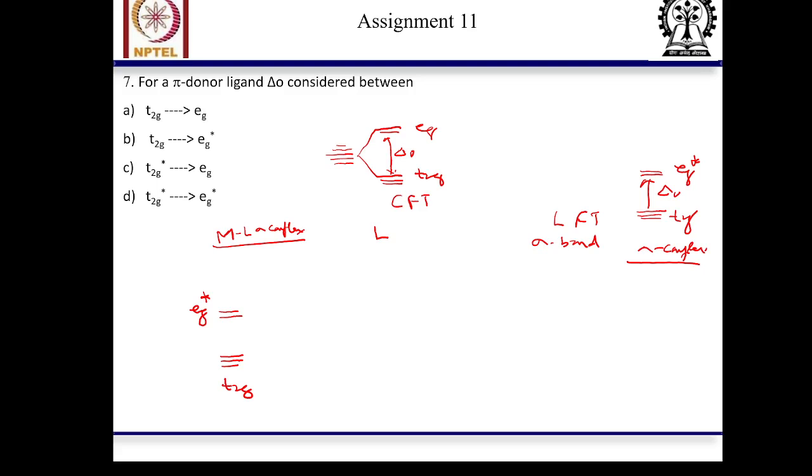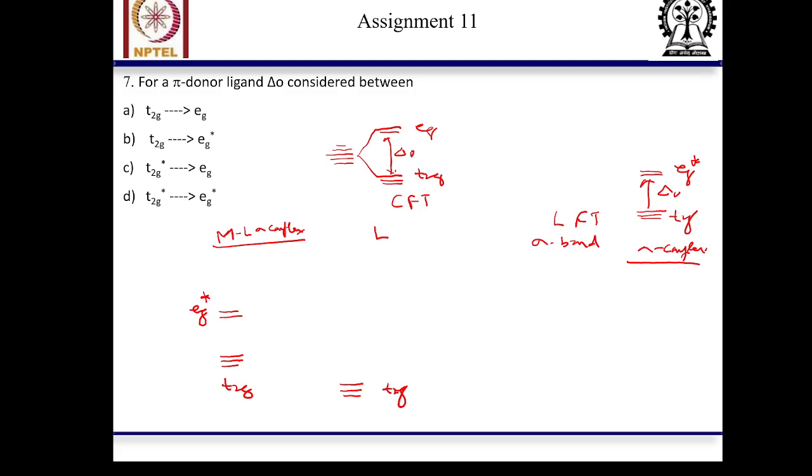On the ligand, if we take the irreducible representations, it will have T1g, T2g, T1u, T2u. But Eg and T1u are already involved in the sigma bonding, so only the T2g orbital has the symmetry that the metal has.